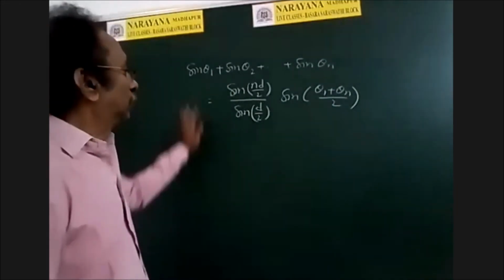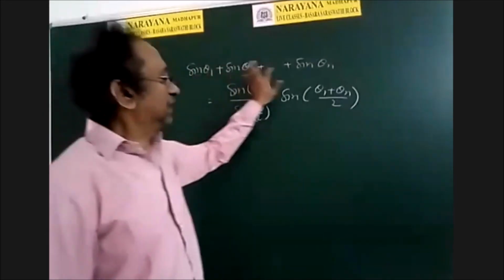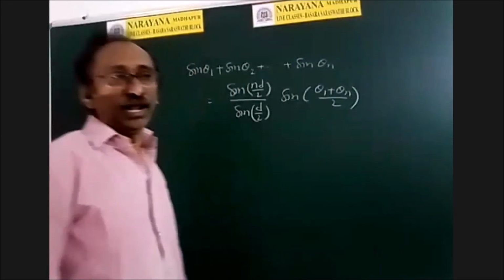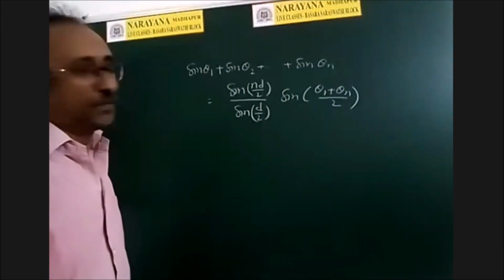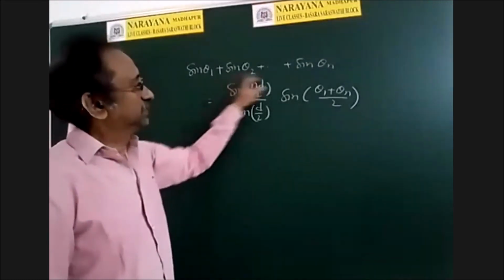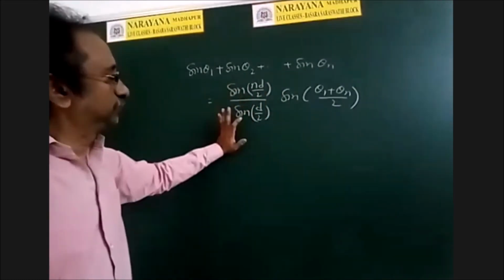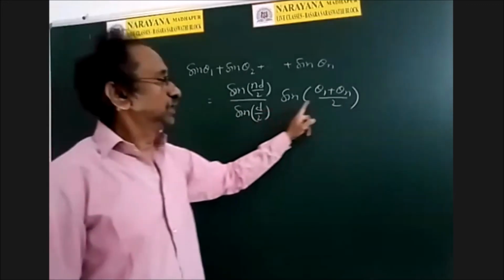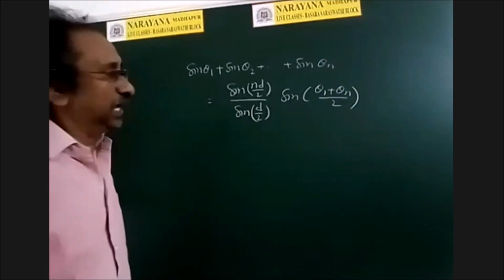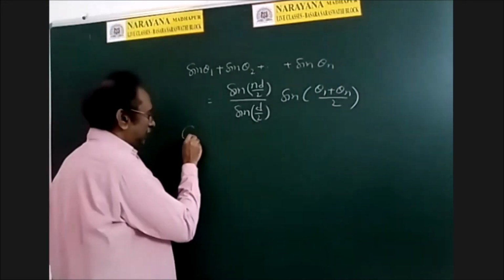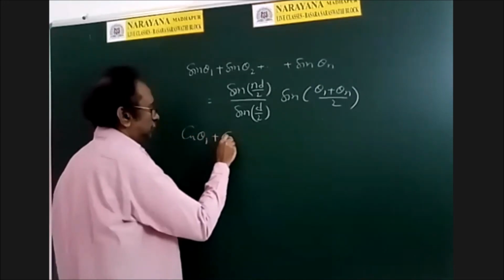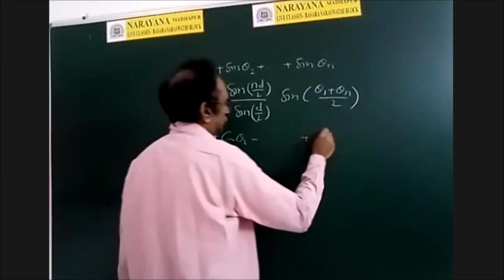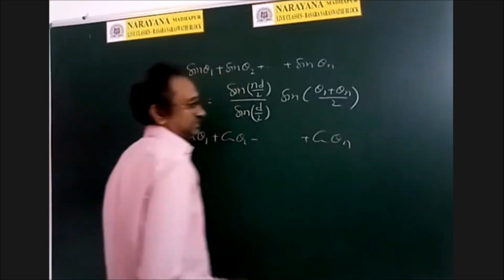Right, very good. So if theta 1, theta 2, theta n are in arithmetic progression with common difference d, then this sum is equal to sin nd by 2 by sin d by 2, times sin of theta 1 plus theta n by 2. Similarly, you can remember the other also: cos theta 1 plus cos theta 2 and so on plus cos theta n.